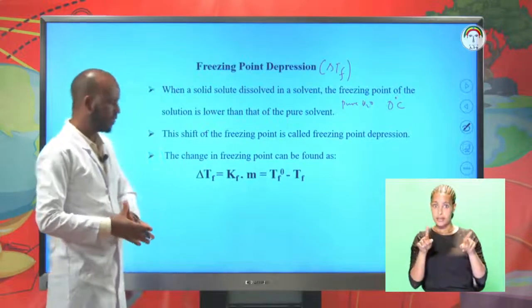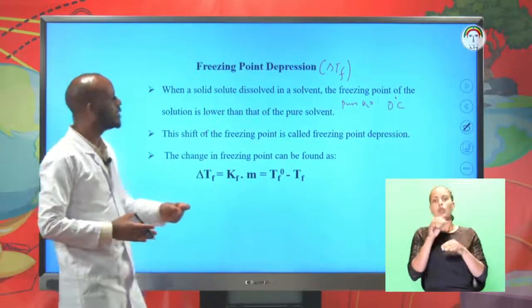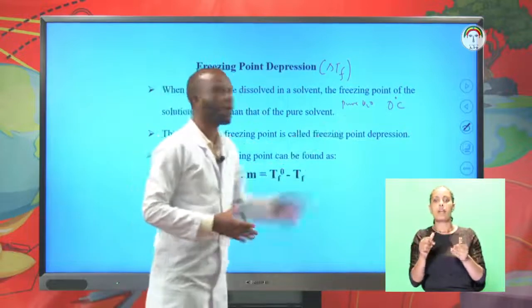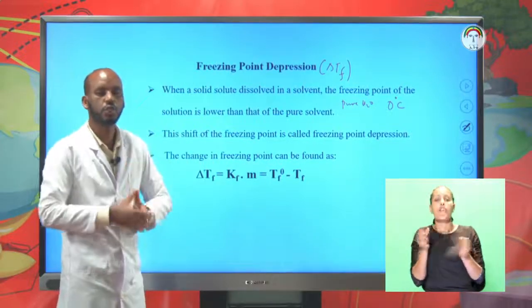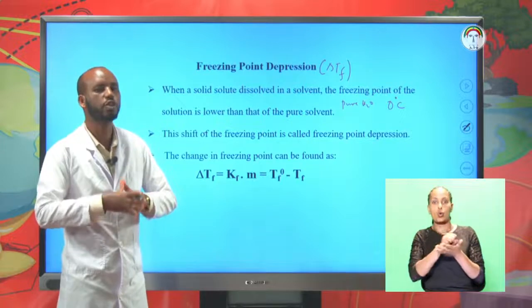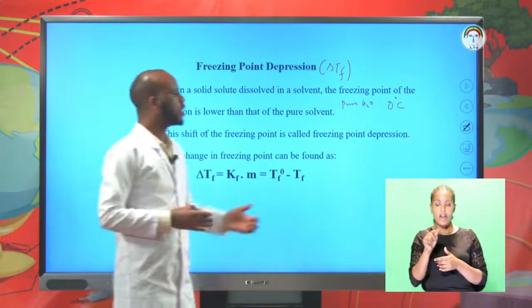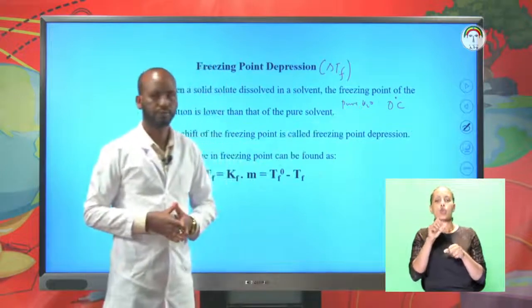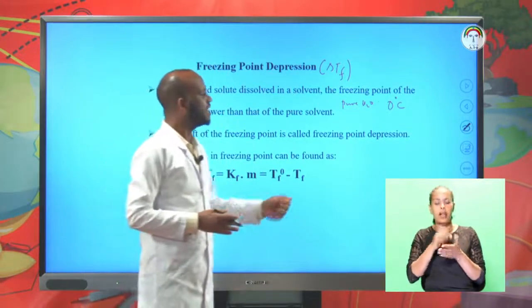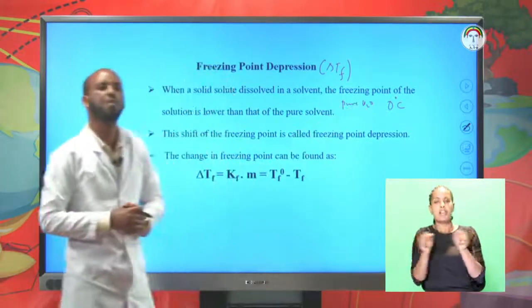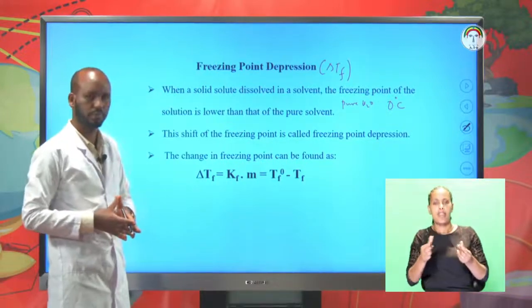But if a solute dissolves in this water, the freezing point of the solution is depressed. Therefore, the freezing point of the solution is less than the freezing point of the pure solvent.